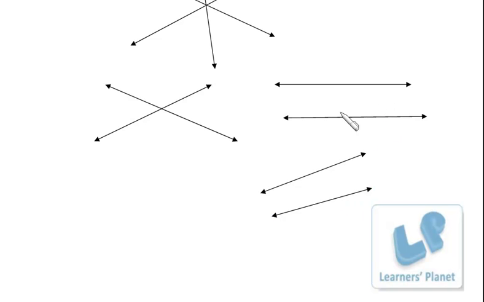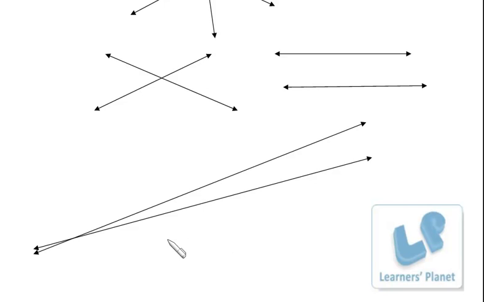These two lines are parallel to each other, they are never going to meet, but these two lines, at first glance you find them to be parallel, but these are not parallel. If you keep on extending the lines, they will meet somewhere, right? So if you keep on extending, it's something like this. I'm not able to draw the line very neatly, and if you keep on extending this, they will meet somewhere.